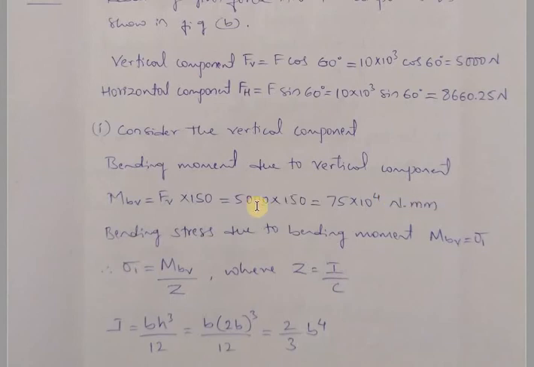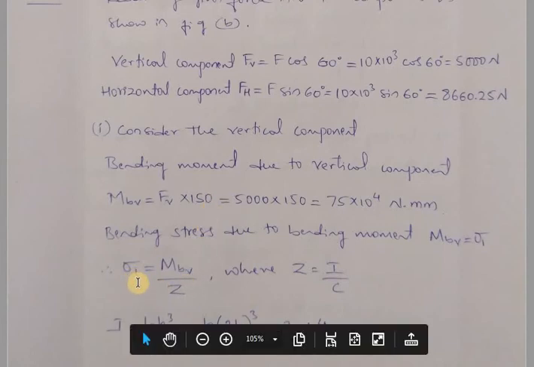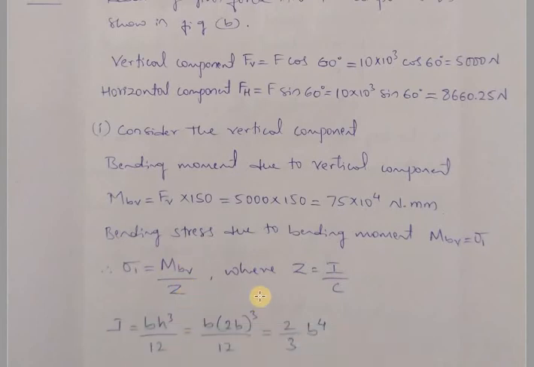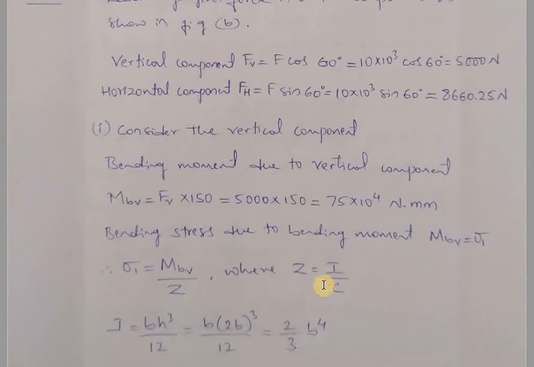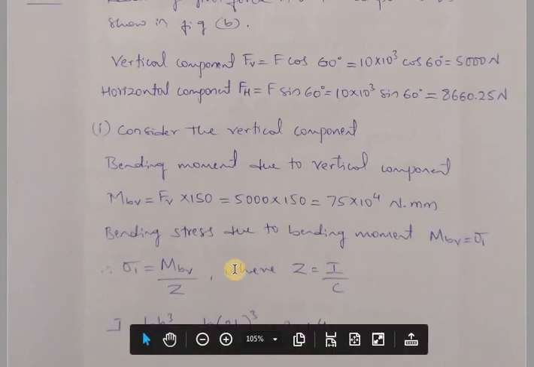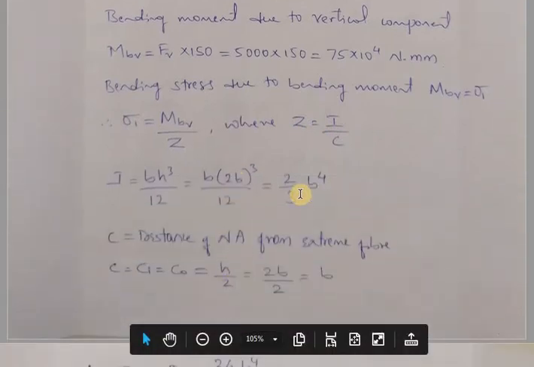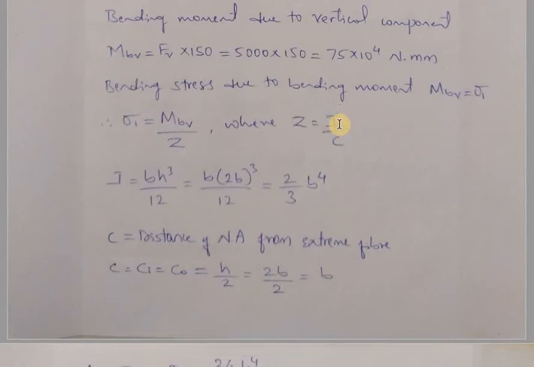And due to this bending moment, the bending stress induced is sigma 1 is equal to MB divided by Z, okay, where Z is section modulus, which is given by I by C. This we have come across in the previous problem, okay. So we need to find moment of inertia and distance of CG.